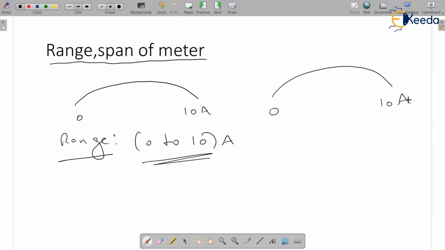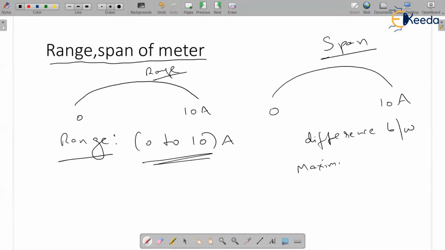This is the range, and this is the span: the difference between the maximum and minimum value.